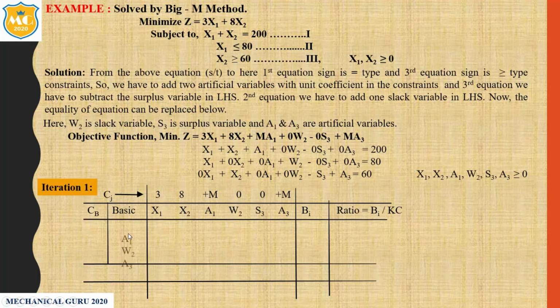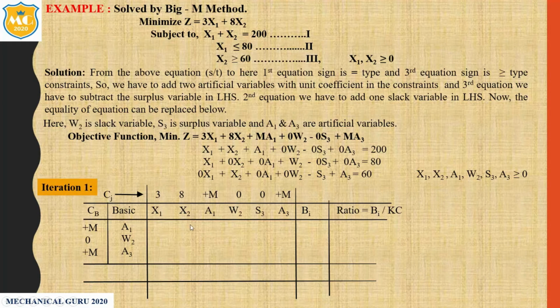So here first we have to write down artificial variable in the first equation, in second slack variable, and third again you have to write down artificial variable. In a basic variable cost, here plus M, 0 and plus M.